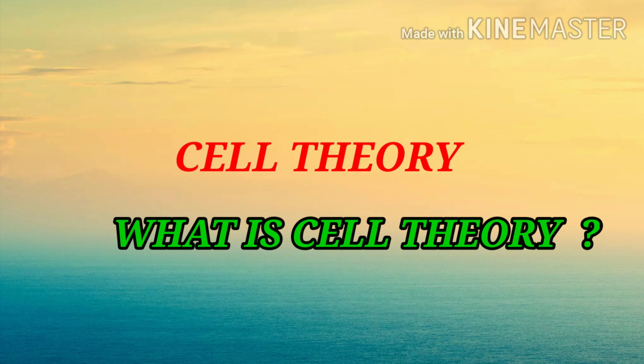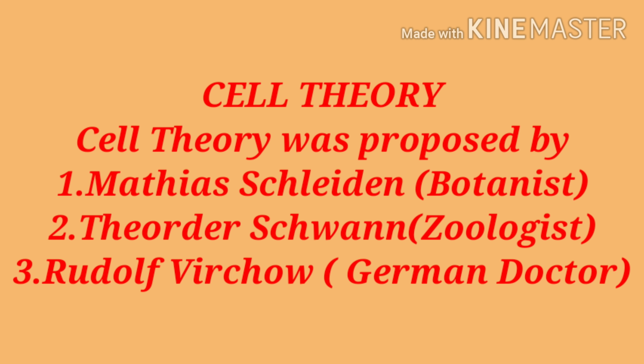Now our next topic is cell theory. So students, one question might come to your mind: what is cell theory, and who has given the cell theory? Actually, students, cell theory was given by two scientists. One was the botanist Matthias Schleiden, in 1838.